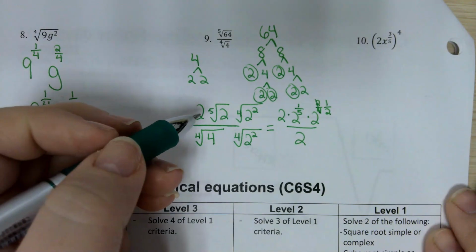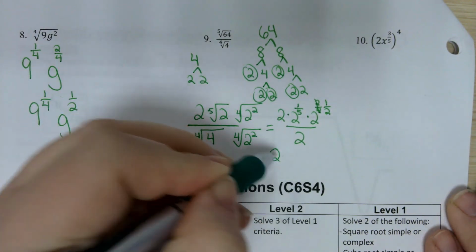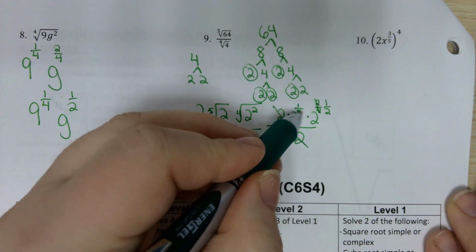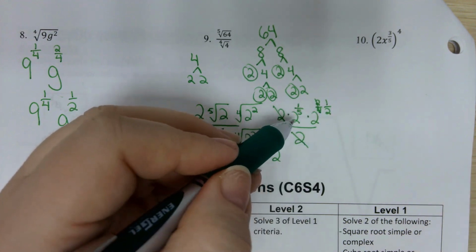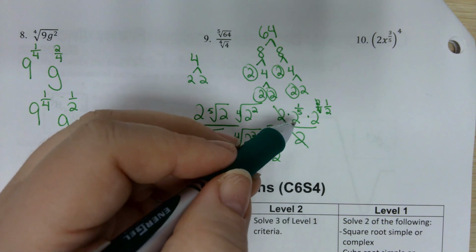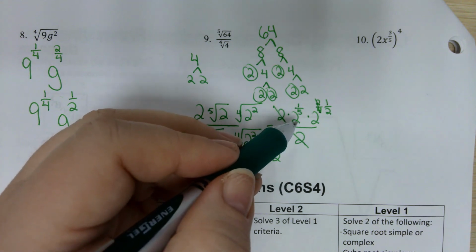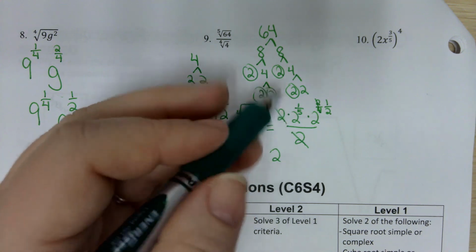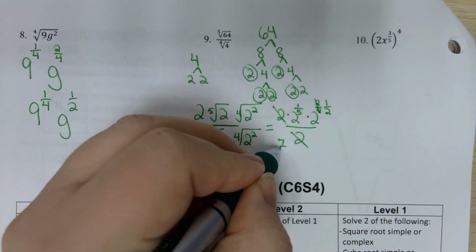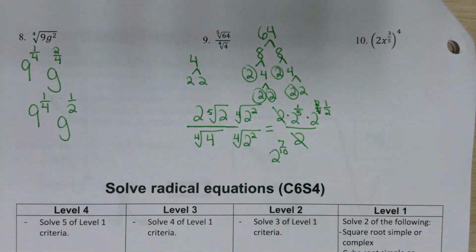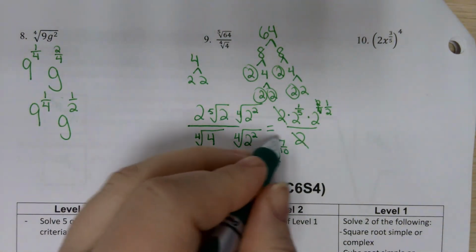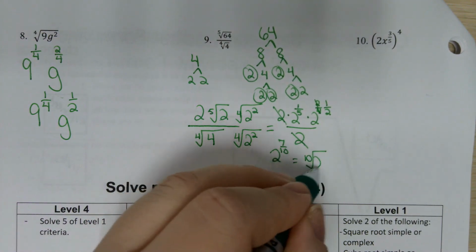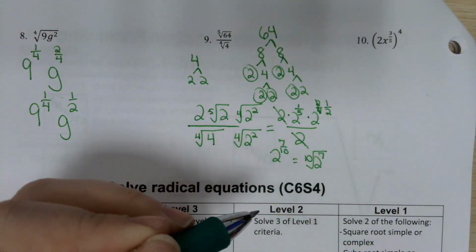So I have a 2 on top and a 2 on the bottom that will be able to cancel. And these two, 1/5 plus our 1/2, find your common denominator of 10, and we would be at 7/10. And you can just type that into your calculator. Or you could write that in radical form, which would be the 10th root of 2 to the 7th. Either way.